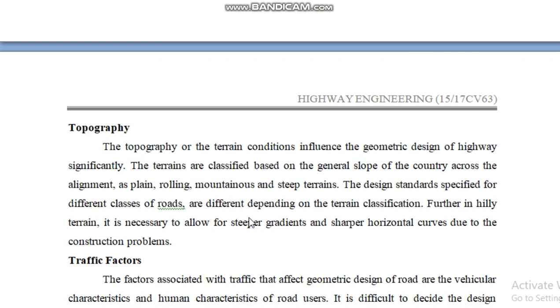But when there is a change in a minor topography or terrain, then definitely there will be the need of vertical curves. Maybe it can be a summit curve, it can be a valley curve.